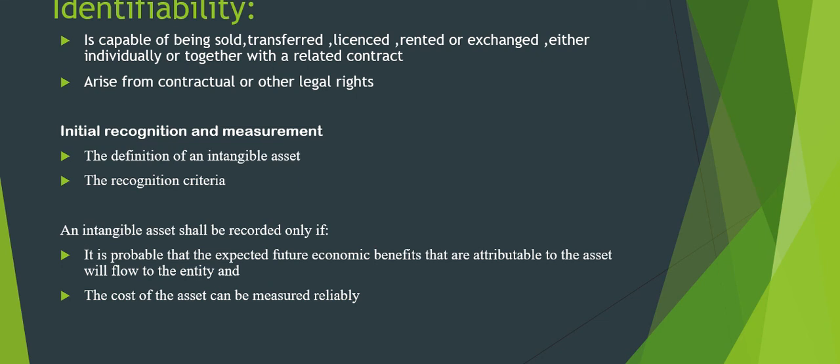So how do you initially recognize and measure an intangible asset? It depends upon the definition of an intangible asset and whether it meets the recognition criteria. When it meets the recognition criteria, you record it only when it is probable that the expected future economic benefits from this intangible asset will flow to the entity, and the cost of the asset can be measured reliably.